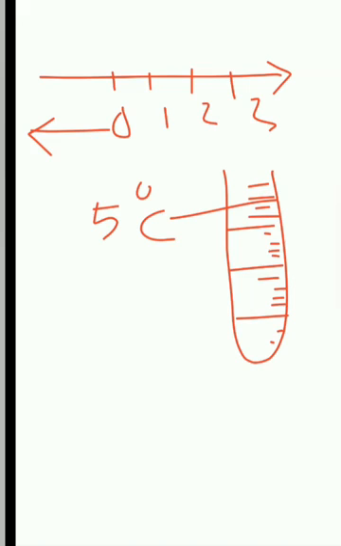The next day, the weatherman says that the temperature is 1 degree Celsius colder than the previous day's temperature. And what will be the new temperature? How will you find that out? We need to subtract 1 degree Celsius from 5 degrees Celsius. So the next day's temperature will be 4 degrees Celsius.